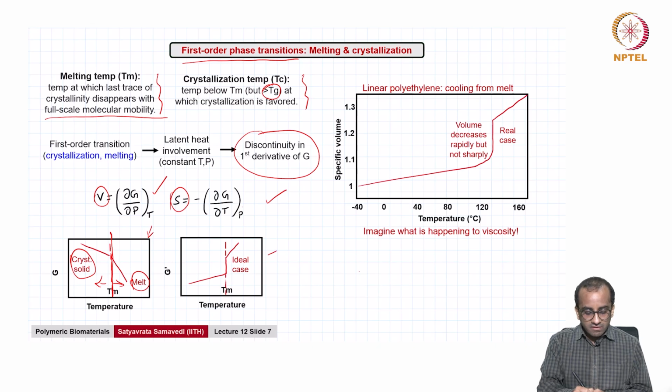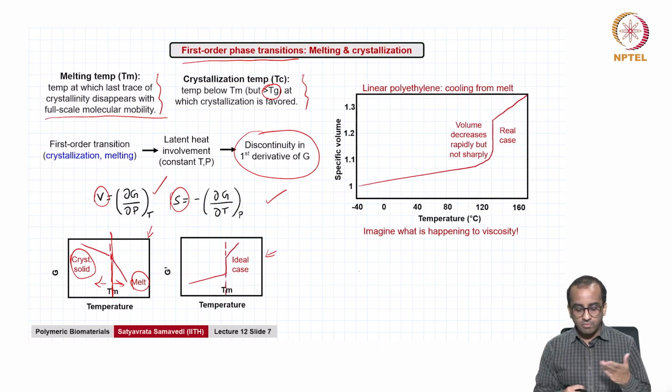Now you consider the first derivative of the Gibbs free energy, you can look at any of these, volume, entropy, etc. And when you have the ideal case where you have perfect crystals and so on, you will see a sharp transition and a sharp drop, that is a discontinuity at the melting temperature.